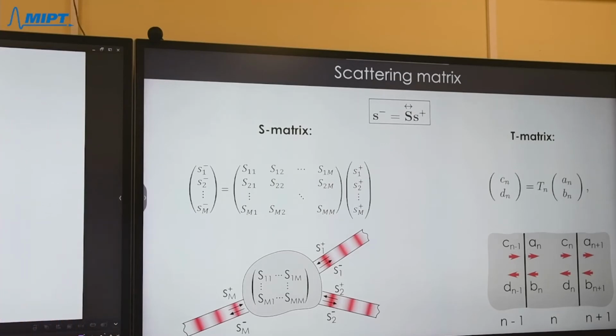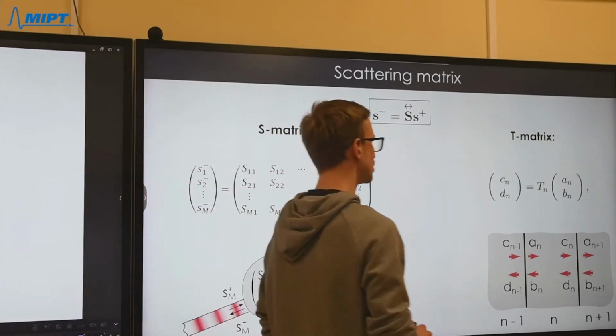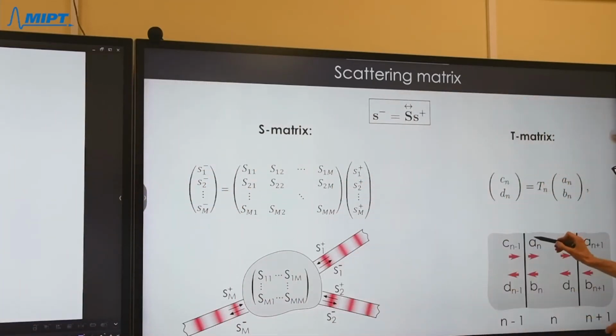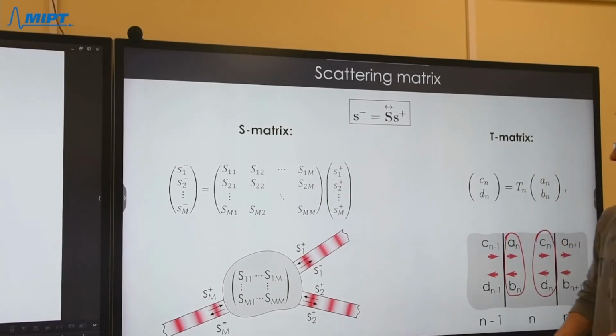The transfer matrix formalism looks very similar. What we have in the transfer matrix is a certain matrix T, which acts on a set of waves on one side of the system, usually on the left-hand side, and returns another set of complex amplitudes, typically on the right-hand side of the system.